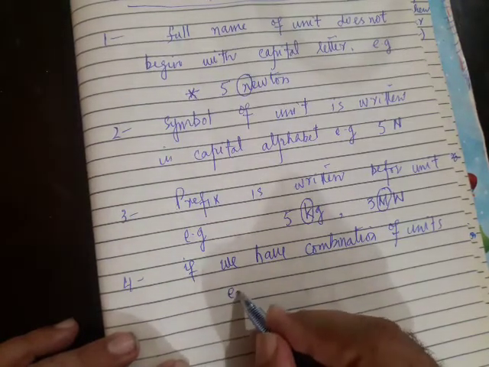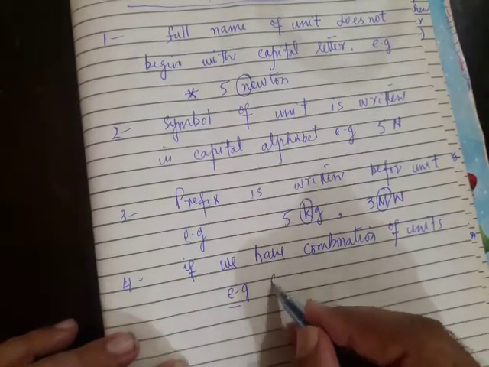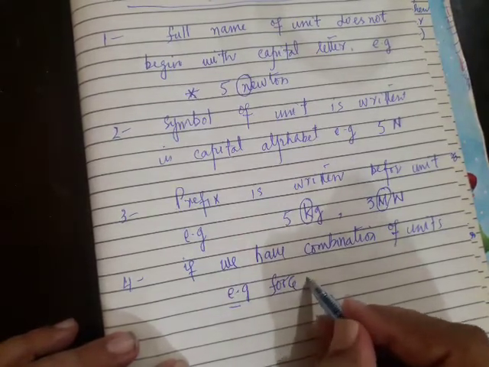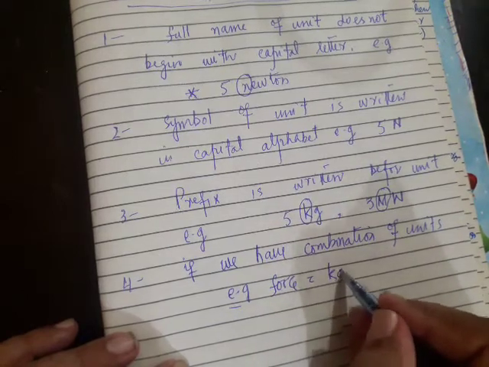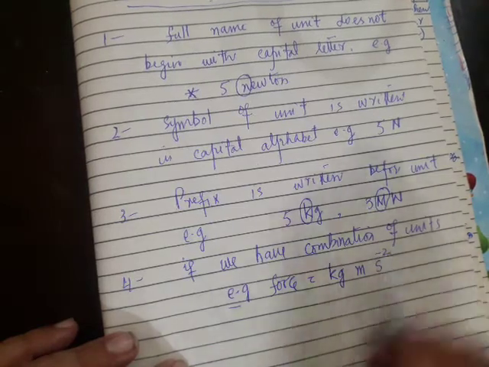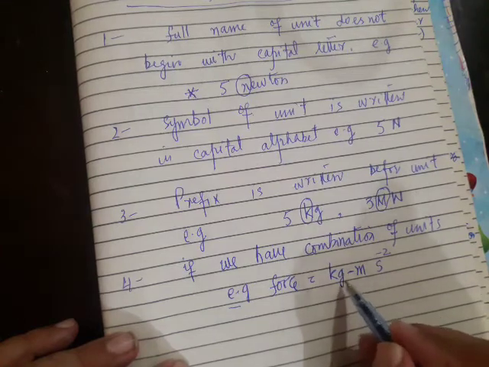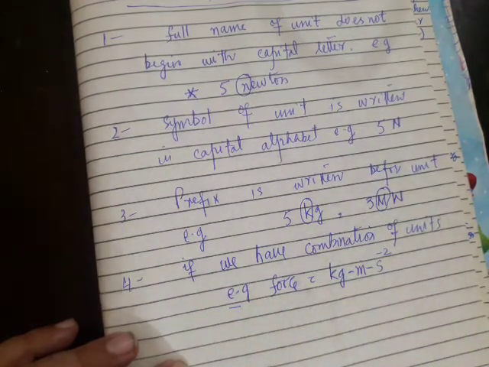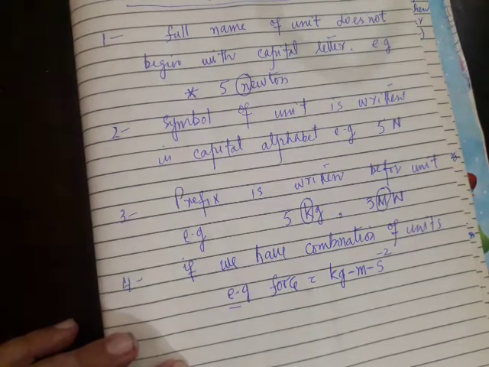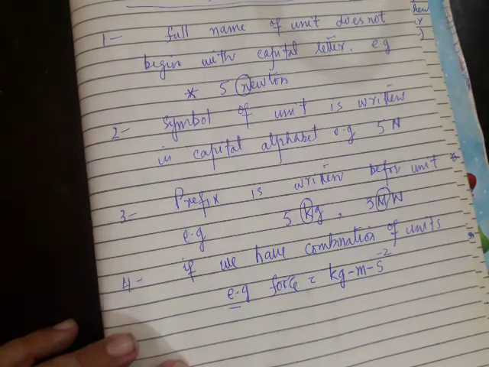For example, if I write the units of force, they are kilogram meter second inverse square. Now look, there is a space between kilogram and meter, and a space between meter and second inverse square. In handwritten statements, we usually place a bar between the units.